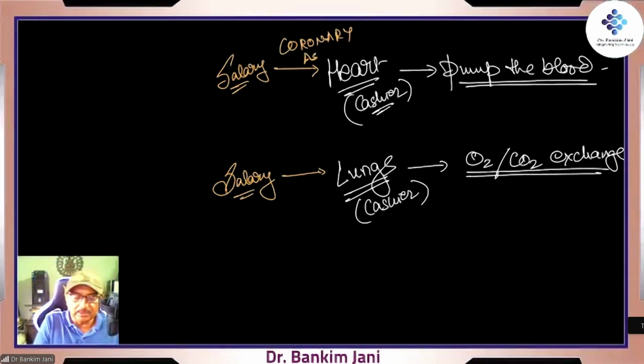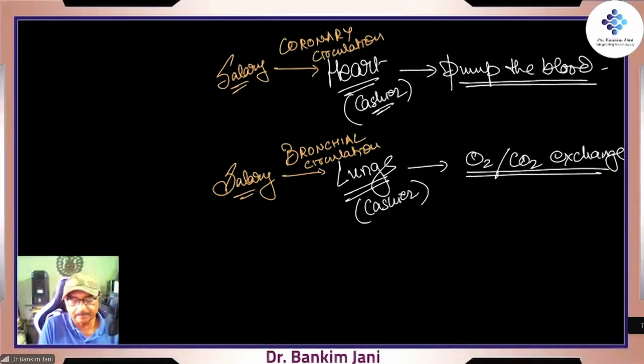But right now, let's just write coronary circulation. In a minute, we'll talk more about it. And for the lungs, it will say I'll send special arteries for you, which will be called, very rightly, the bronchial artery, and that's why it is also called the bronchial circulation.